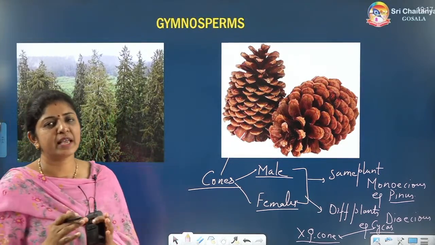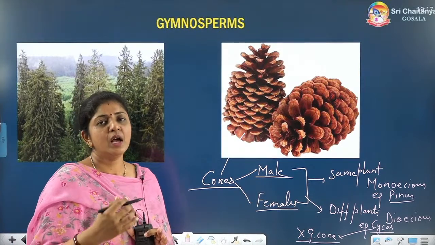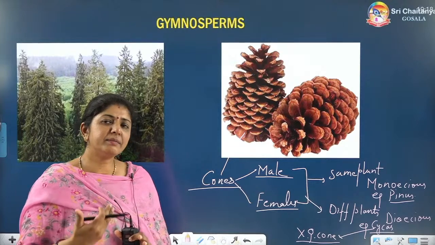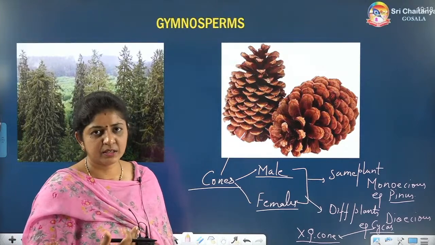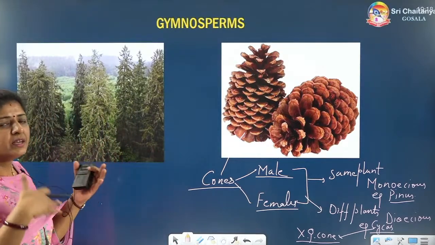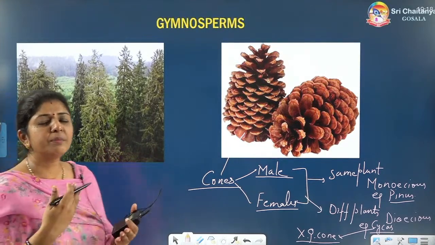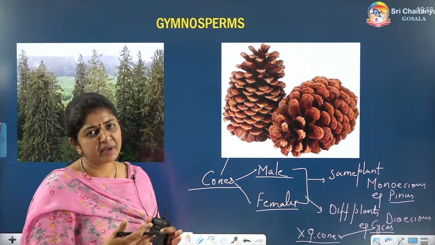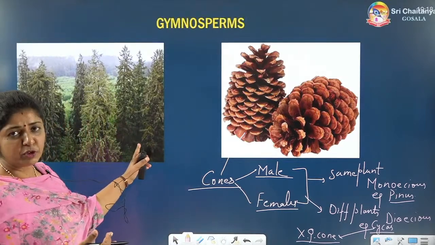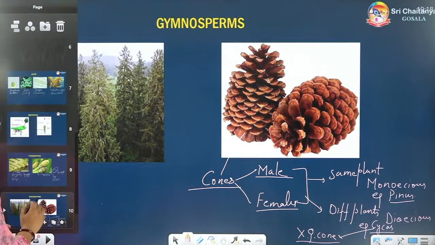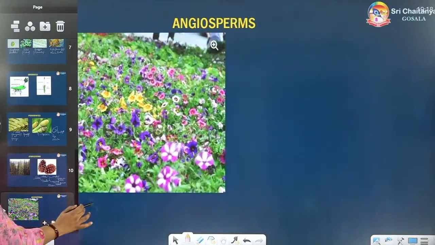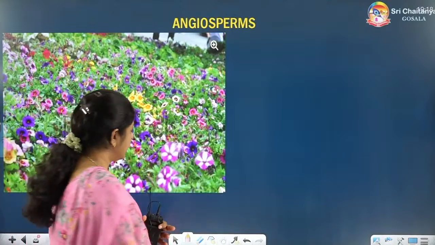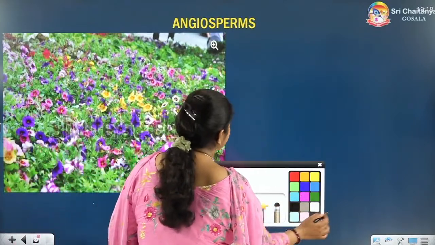Coming back to the life cycles, once the sporophytic structure is clear to you, then we can discuss the next intermediate structure. So keep in mind which are the Algae, the Bryophytes, the Pteridophytes, and the Gymnosperms and Angiosperms. This was about the Gymnosperms. In Angiosperms, can I say they are the flowering plants, the true flowering plants?